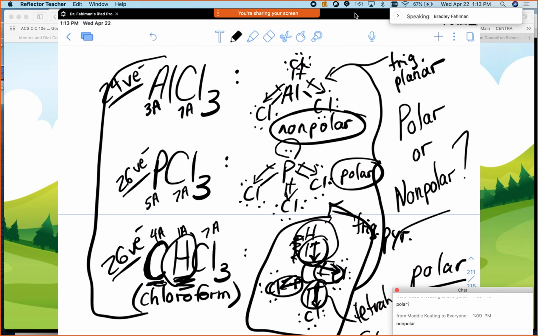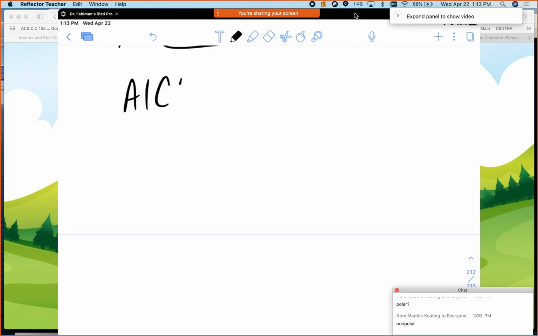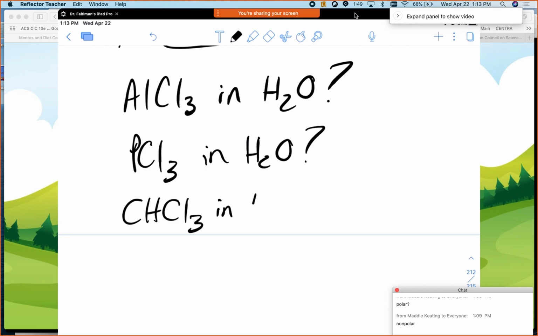What do you think? So aluminum chloride, is it going to be soluble in water?